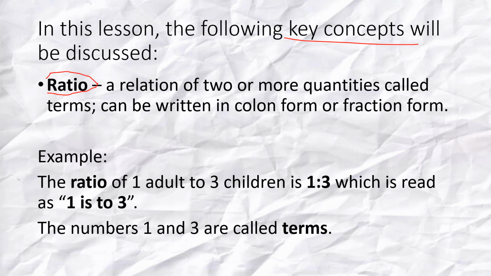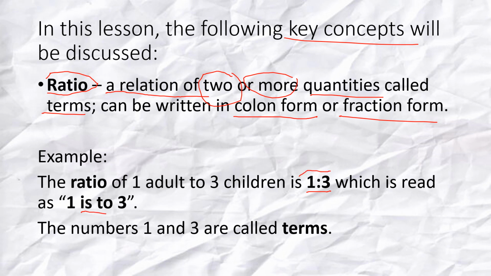When we say ratio, it is a relation of two or more quantities that are called terms, and they can be written in colon form or in fraction form. For example, the ratio of one adult to three children is this, which is read as 1 is to 3.